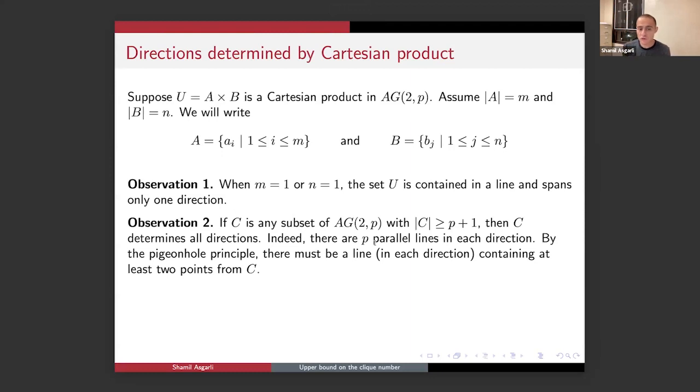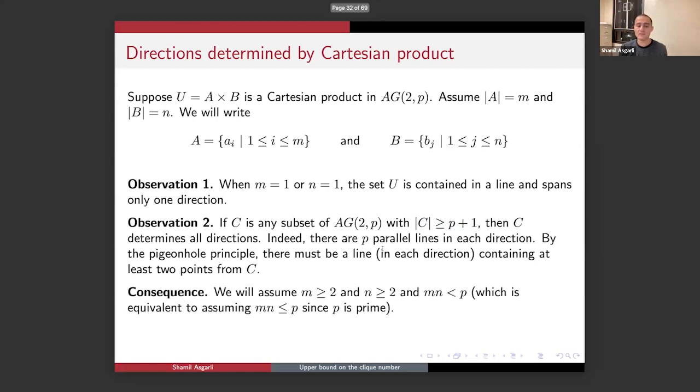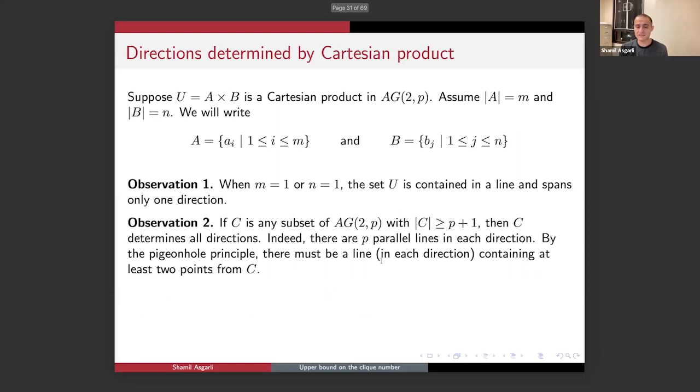By the pigeonhole principle, there must be a line in each direction containing at least 2 points from C. That's because I'm assuming that the number of elements in the set is more than p, and there are only p parallel lines in every direction. That means that one line must contain at least 2 points. But then that means that you acquire that direction. So C determines all directions. That's the proof.